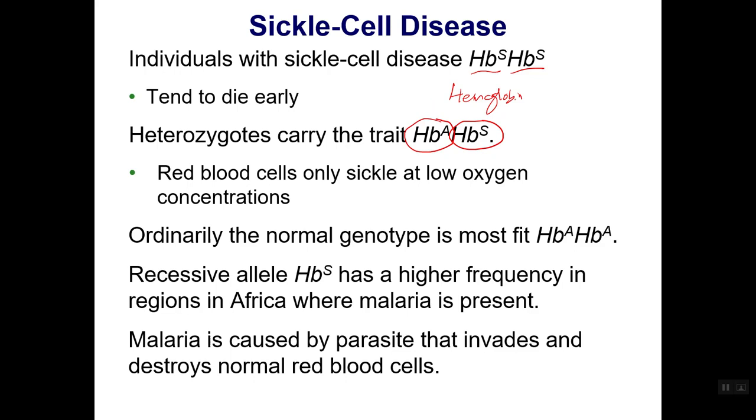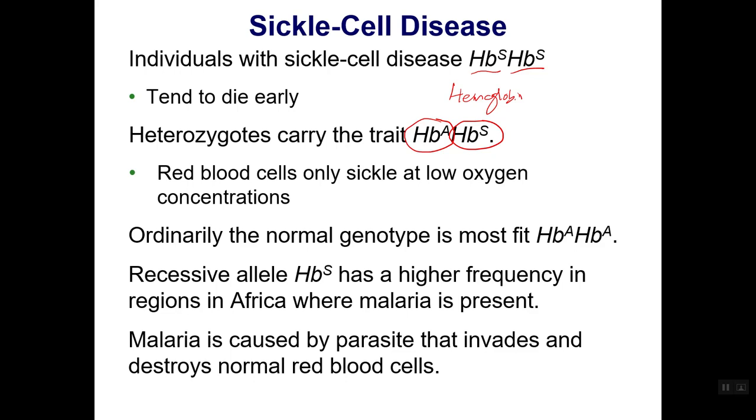Their red cells only sickle at low oxygen concentration. So as long as they're not under excessive pressure or their blood cells aren't stressed out, essentially, they're fine. They can have this sickle cell trait, they don't have the disease. They have the trait that they carry.